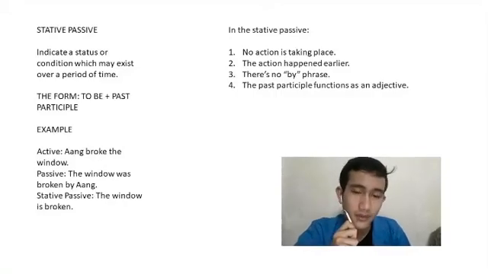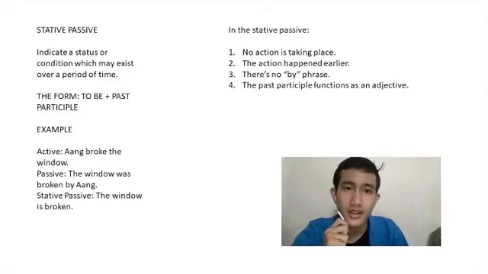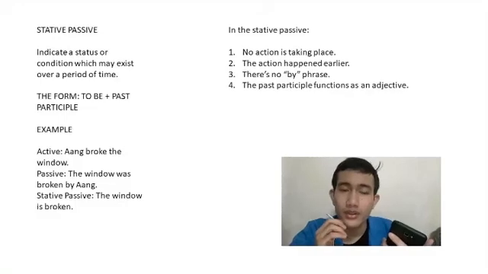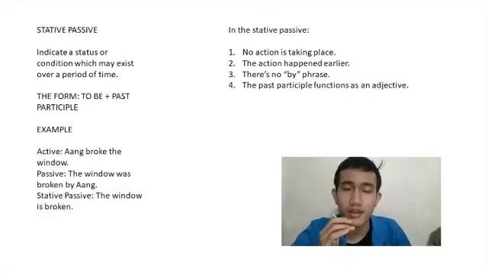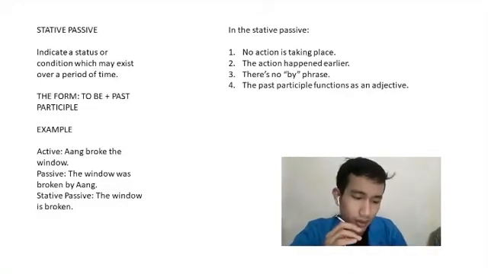Stative passive is for something that is already done, and passive sentence is when you will do something or are doing something at the moment.